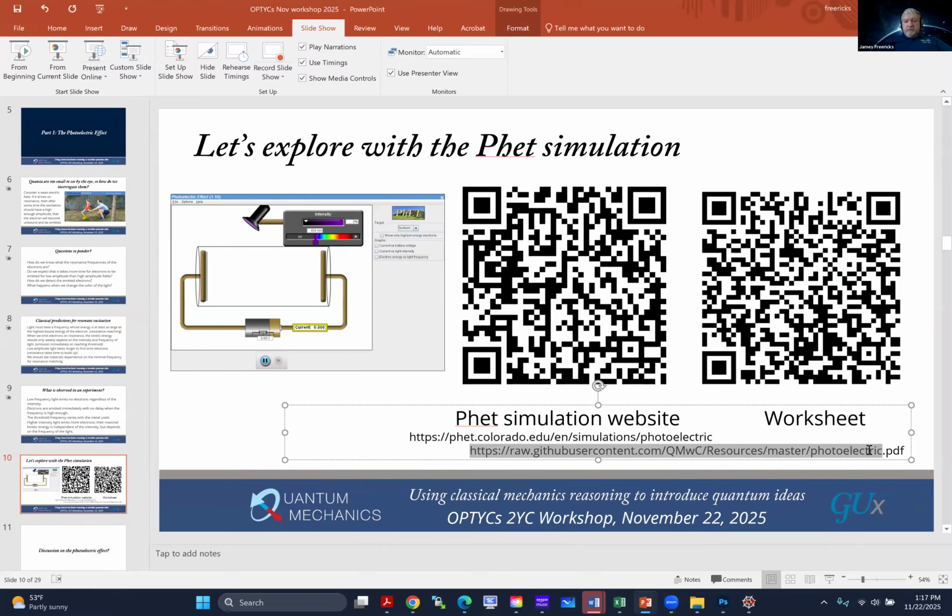So how many of you have used the PhET simulation on the photoelectric effect? What these two links are, one is a worksheet, and the other is a link to the PhET simulation.